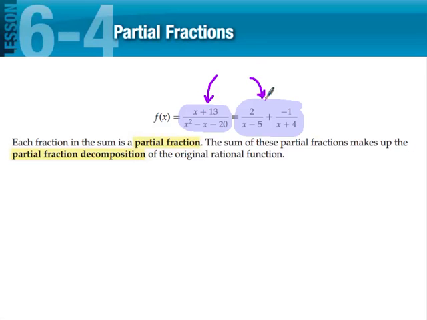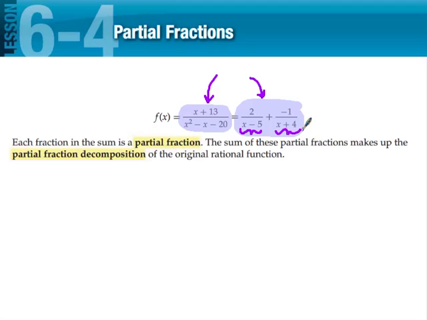Each fraction in the sum is called a partial fraction. So I have a partial fraction here and a partial fraction here. The sum of these partial fractions makes up the partial fraction decomposition of the original rational function.